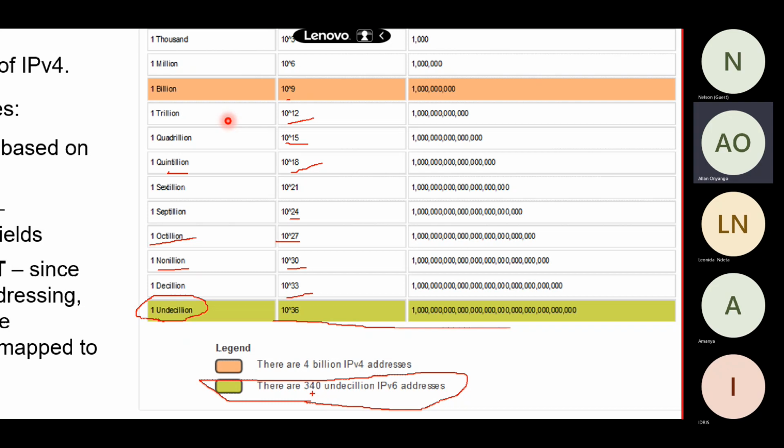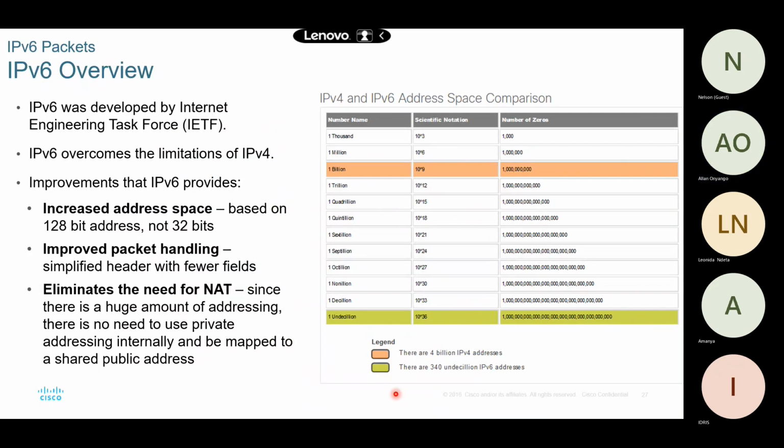So there are 340 undecillion, and they are huge. Look at the IPv4 are only 4 billion with 9 zeros. IPv6 are 340 undecillion. So that basically tells you that there are so many addresses that we have there.